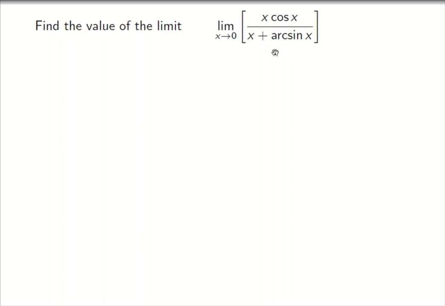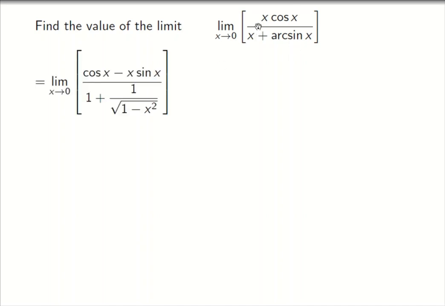Like I said, if you want to use L'Hopital's rule, once you've confirmed that indeed your functional value at the point is 0 over 0 or infinity over infinity, then you have to differentiate the top one and differentiate the bottom one to see if you can solve. So if I differentiate this side, I just keep cos x, then differentiate x, I'll get what?